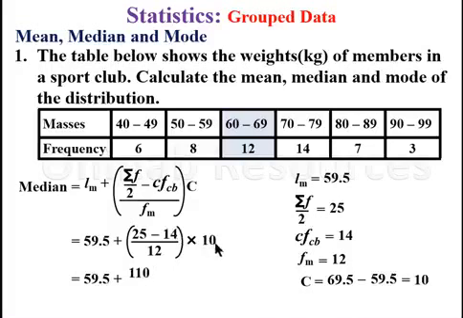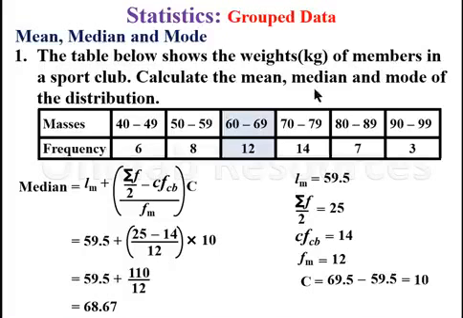So 11 times 10 gives 110 divided by 12. So from our calculator, we have the final answer to be 68.67, which represents the median weight of the members in the sport club.